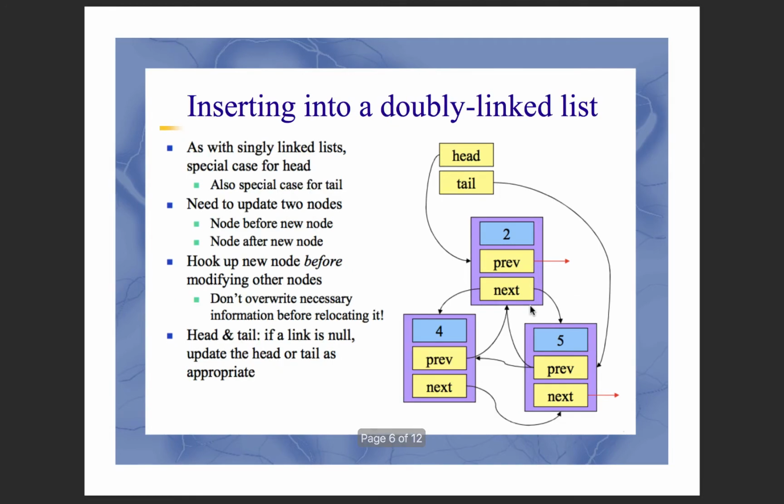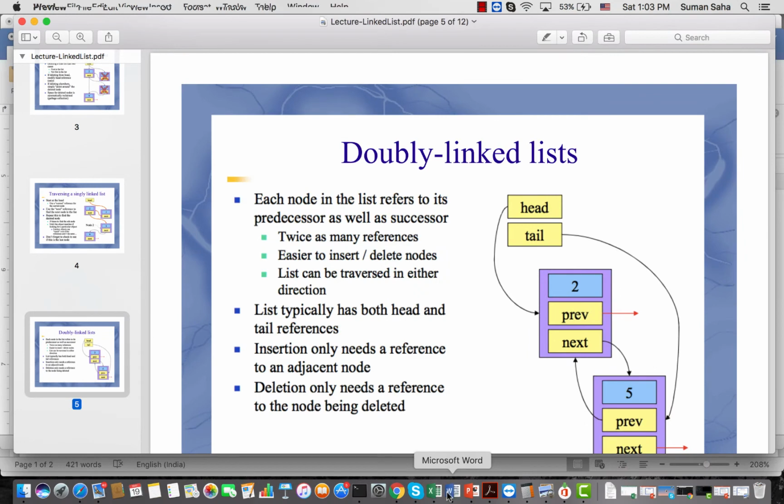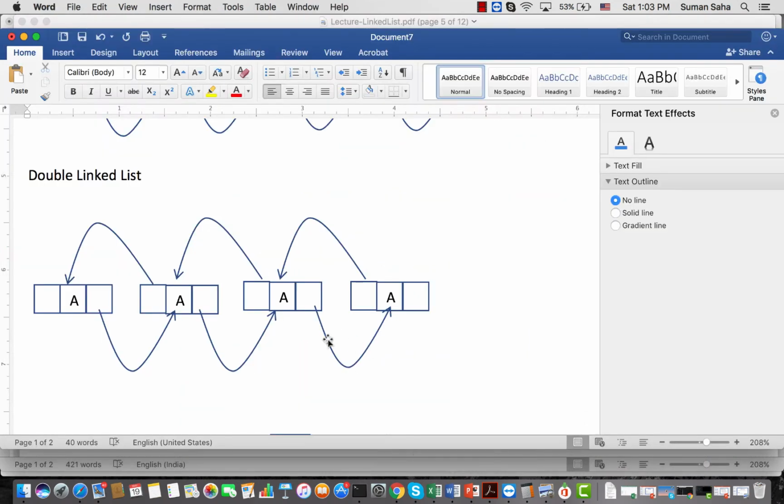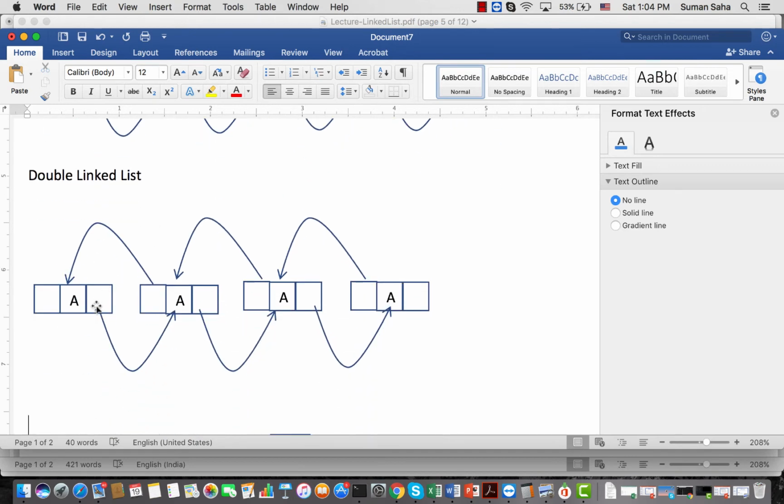So let's see one example. Say for example, this is a double linked list. If you go to the previous single linked list, you can see that every node has a single forward link. Now in the double linked list you can see that this node has this link for the next one, and this one has this link for the next one.